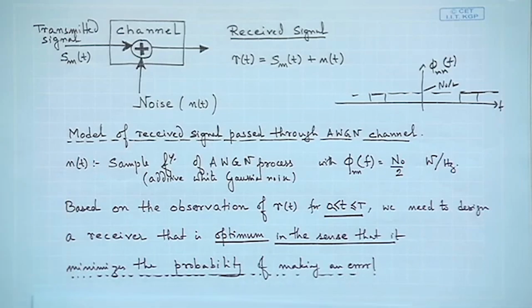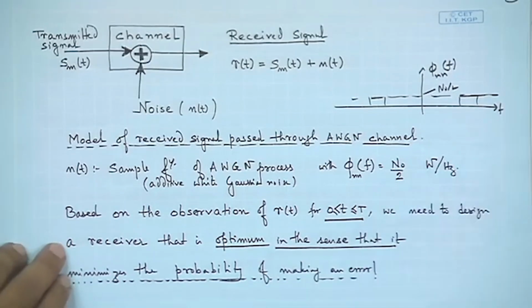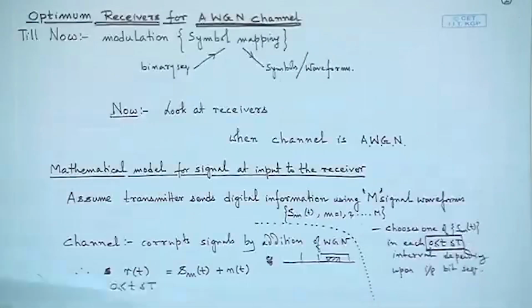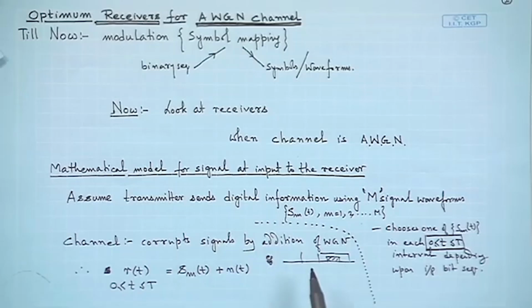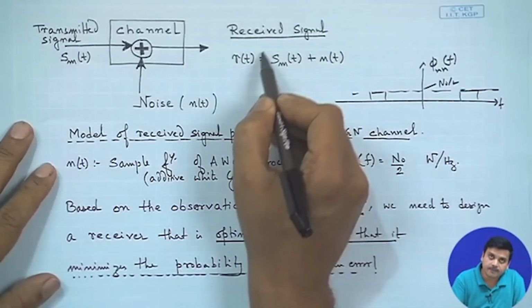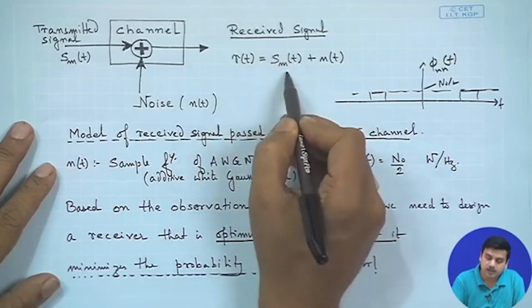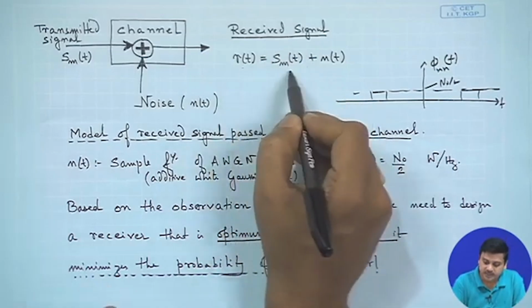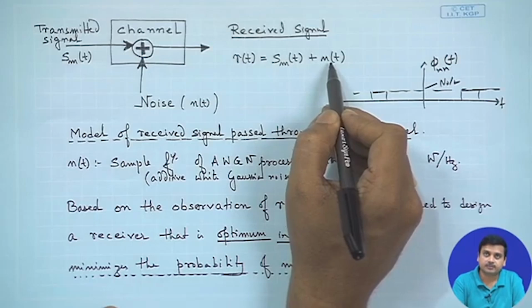Why do we make such a statement? The reason would be clear if we look at the signal that we are talking about. We have sent s_m, and the receiver receives s_m(t) plus noise.